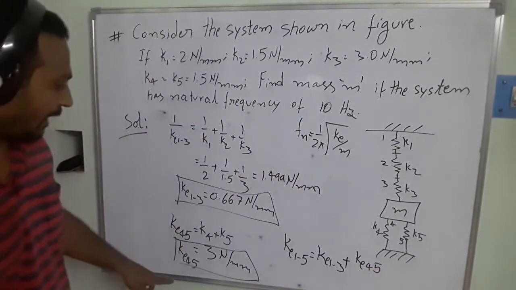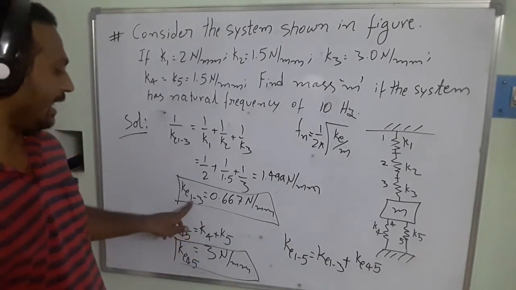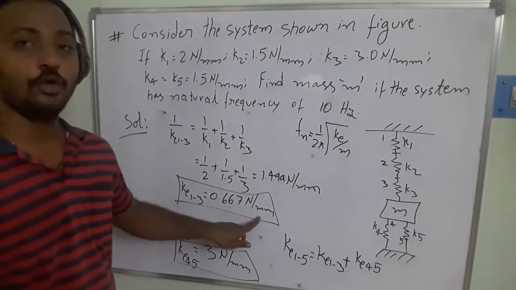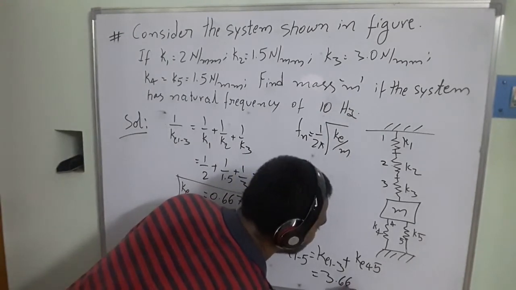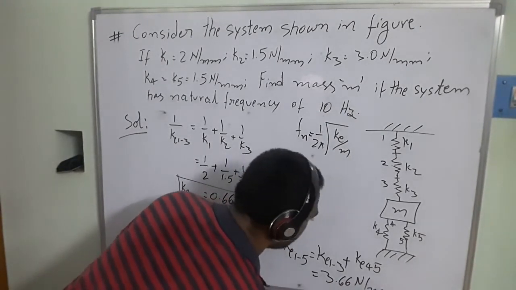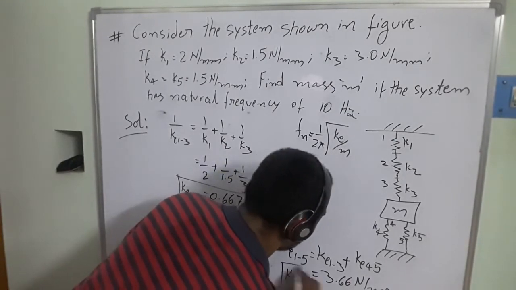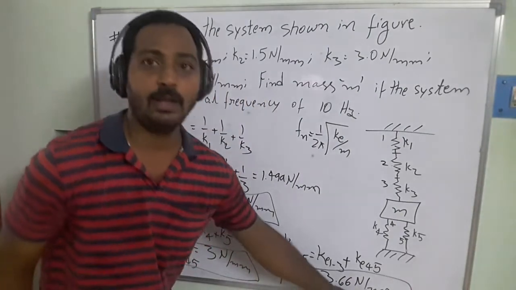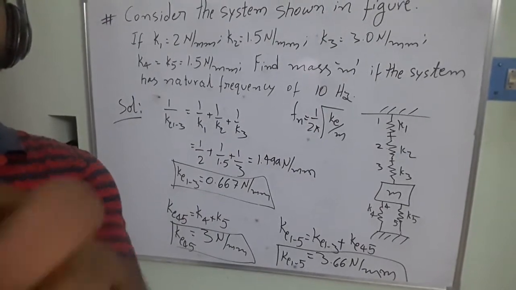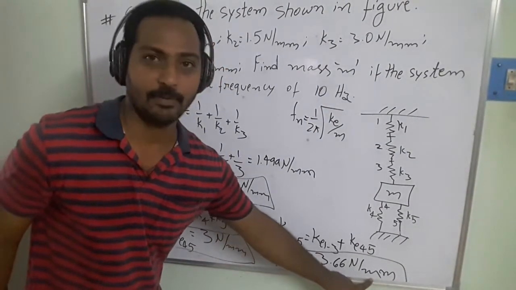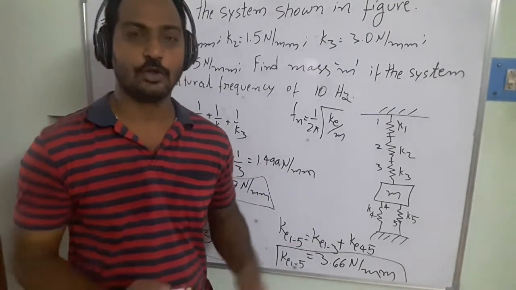Ke 4, 5 is 3 Newton per mm and Ke 1 to 3 is 0.67 Newton per mm, which gives 3.66 Newton per mm for Ke 1 to 5. This is in Newton per mm, and we need to convert it into meters, so I multiply by 1000.